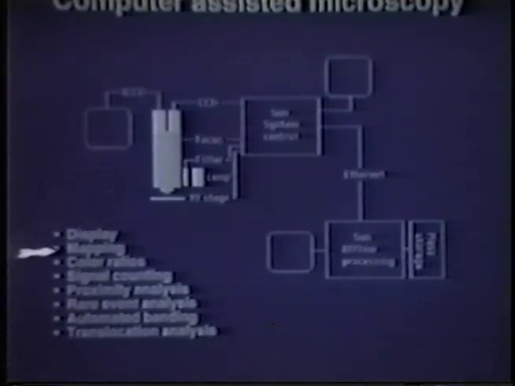And this system is being developed or has already been developed for a variety of applications to improve display, for physical mapping of DNA sequences along chromosomes, to measure the ratios of different colors, to count spots in interphase nuclei and to measure their proximity, and to do things like look for rare events and automated analysis such as translocations. I'm only going to talk about a few of these things today, but the rest of them are clearly well along.